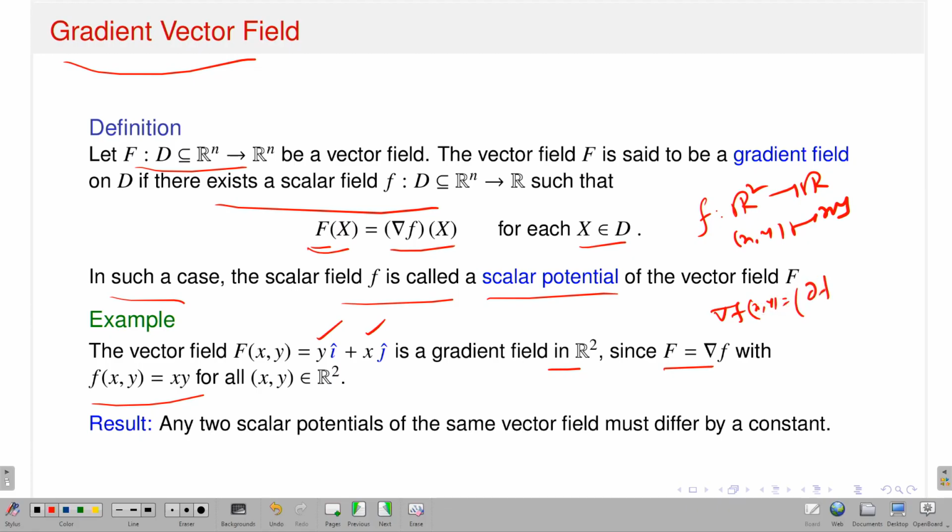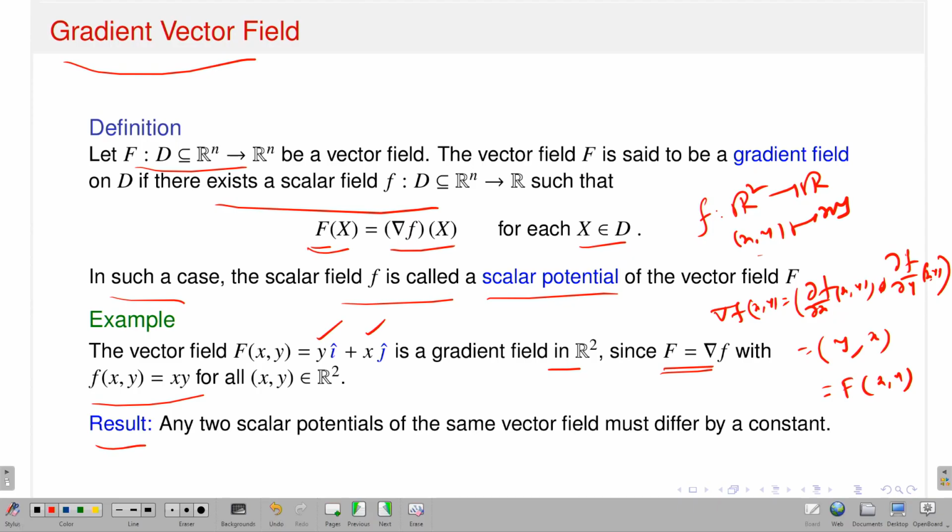It is del f del x, comma del f del y. Del f del x is y, and del f del y is x, which is nothing but my capital F acting on x comma y. Therefore, capital F is exactly equal to the gradient of f, and so my vector field capital F is a gradient vector field.